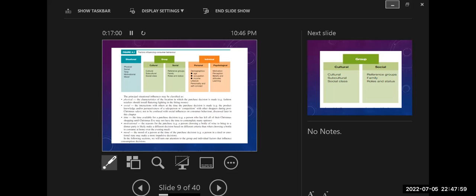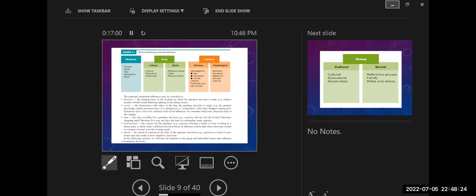Secondly, social: interactions with others at the time of the purchase decision, like asking your partner how you look in a pair of jeans. In the instance of the couple just now, when they reach the place and it is closed, they decide either to go or not to go.